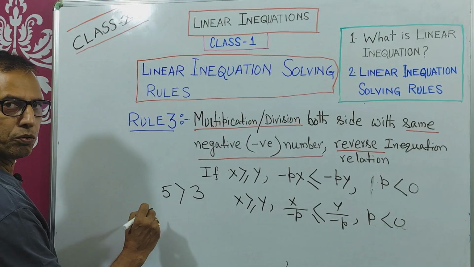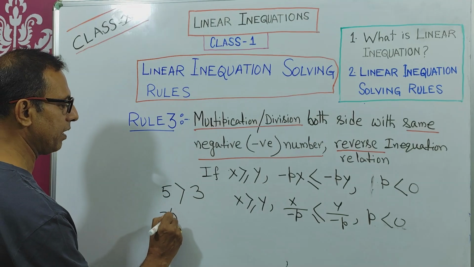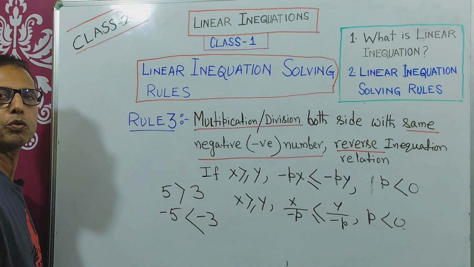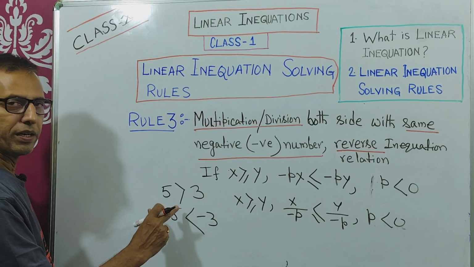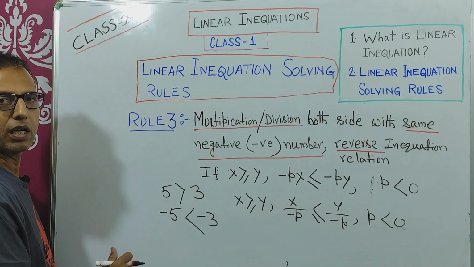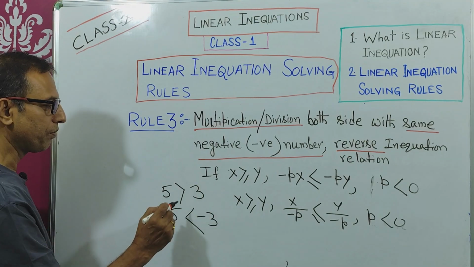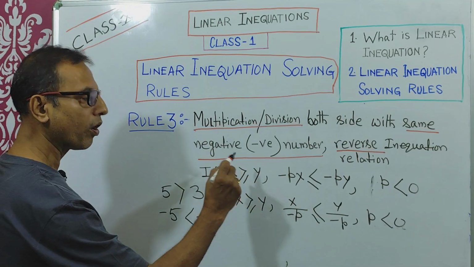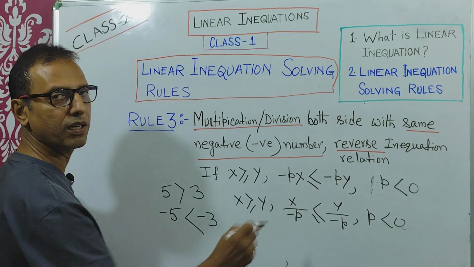But if you multiply both sides by minus 1, that means minus 5 and minus 3, then minus 5 is less than minus 3. You know that for negative numbers, the greater the digit, the lower the number. So minus 5 is less than minus 3. Same thing here also. So if you multiply or divide both sides of an inequation by the same negative number, it reverses the relationship.